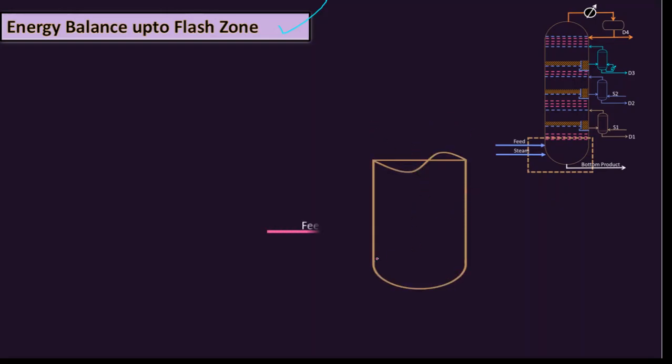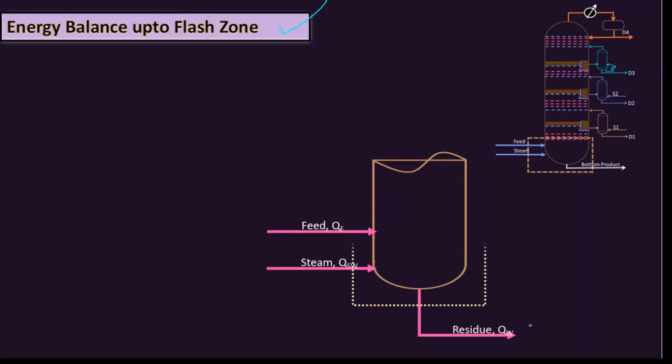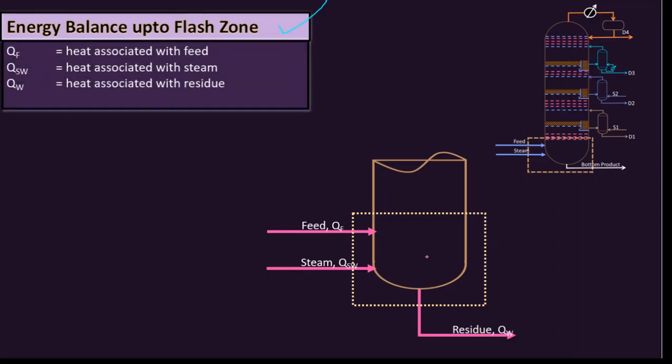In the flash zone, the feed stream is going inside, steam is also going inside, and the bottom residue is leaving the flash zone. So these are the streams going inside or leaving the flash zone. One thing is missing: the net distillates flowing inside the column.